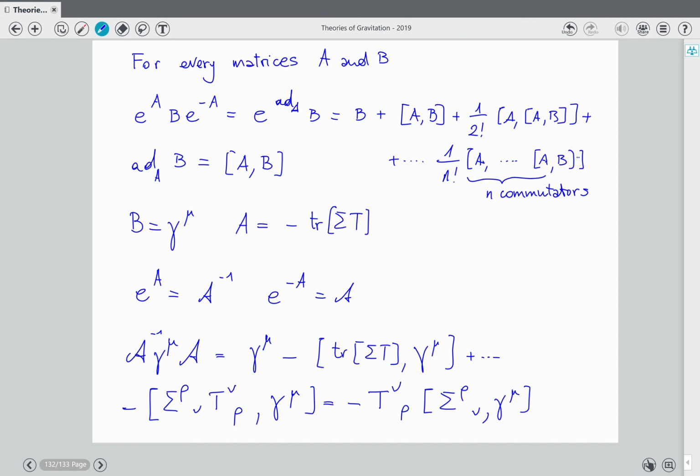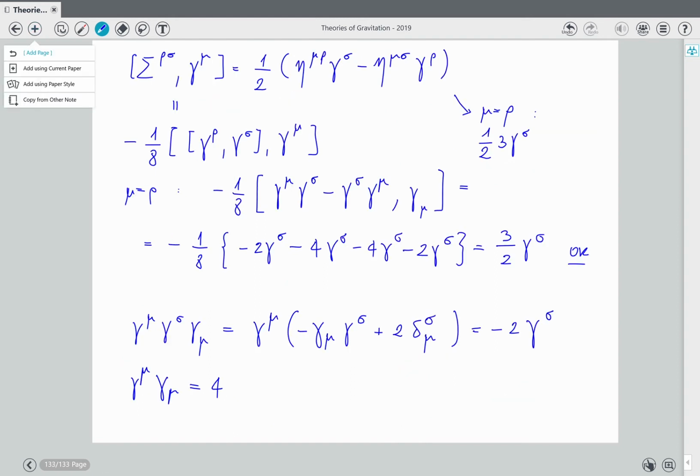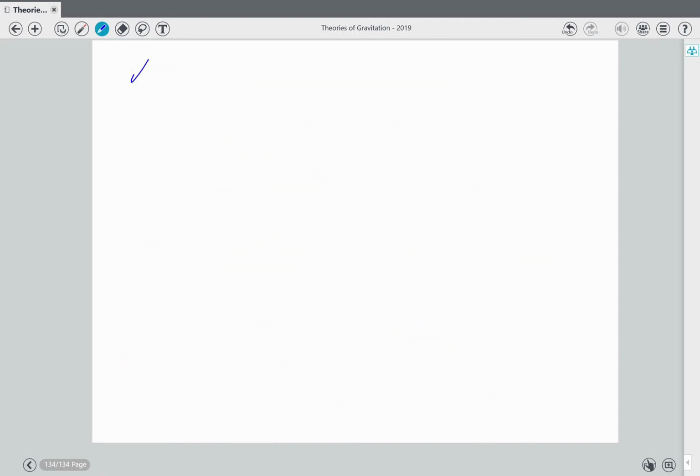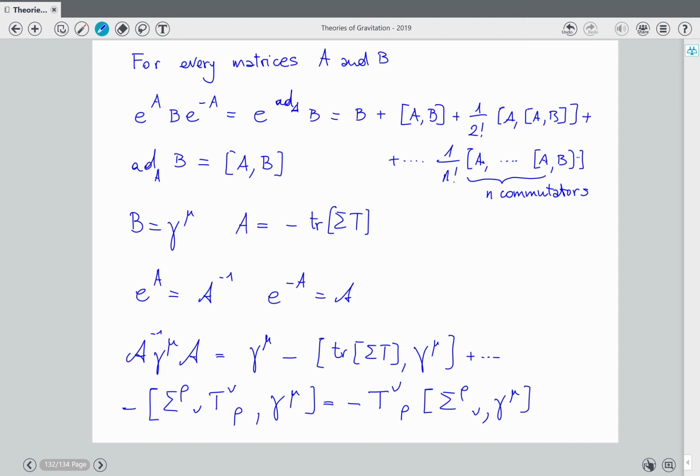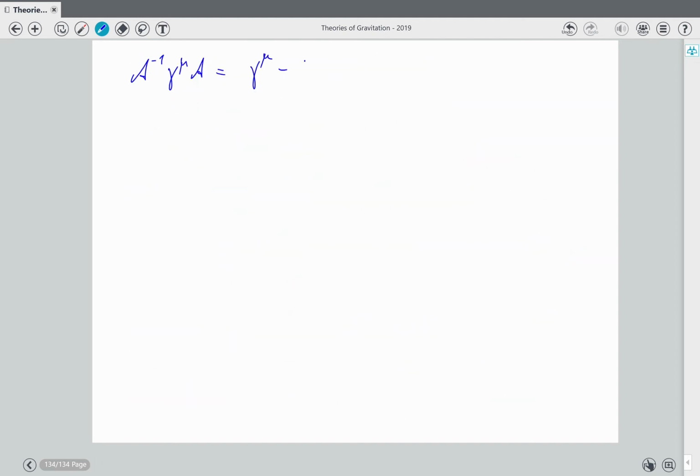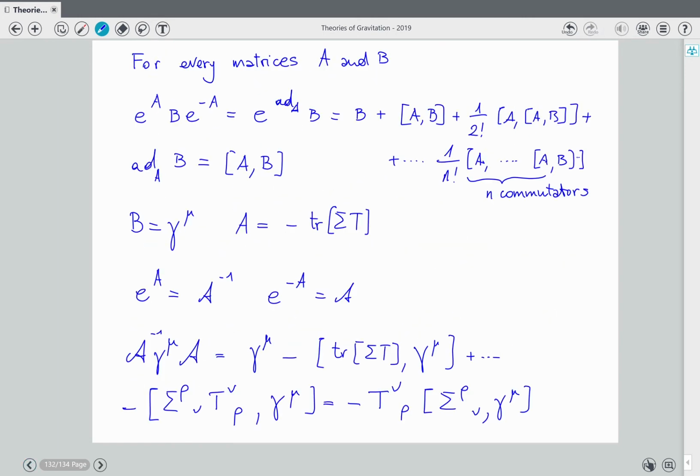You get that, so a minus 1 gamma mu a, that is gamma mu, and then you have this object here minus t nu rho and then this commutator rho nu gamma mu.